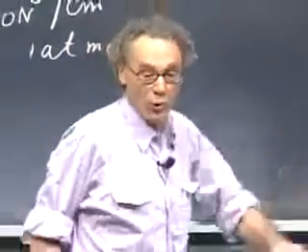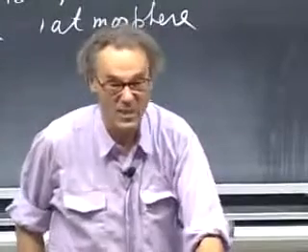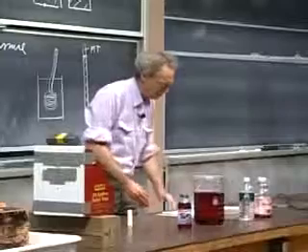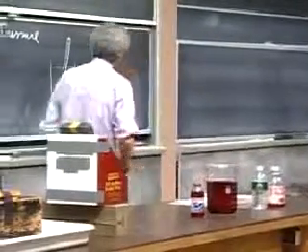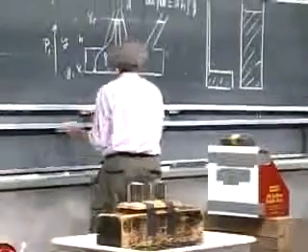But as long as I hold my finger on the top, it isn't going down. If my hose were long enough, and we will know shortly how long, turns out to be more than 10 meters, then we would see the cranberry break loose from the top. And this is a way that you can measure the atmospheric pressure, and I will now be more quantitative about that.